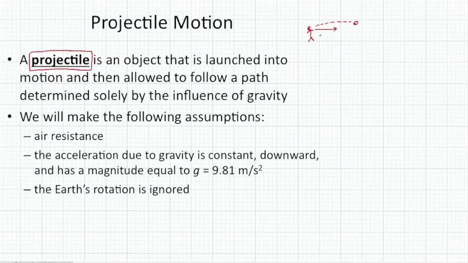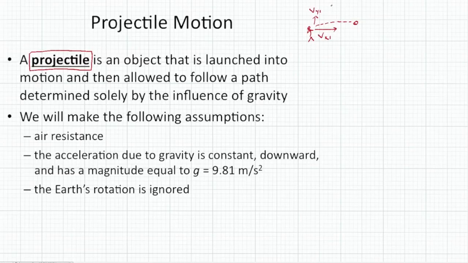So it has an x velocity, or an initial x velocity, but to some degree it may also have an initial y velocity, vyi, as well. And that's why, if you throw it up at an angle, it makes an arc and comes back down. But nothing else is affecting it.